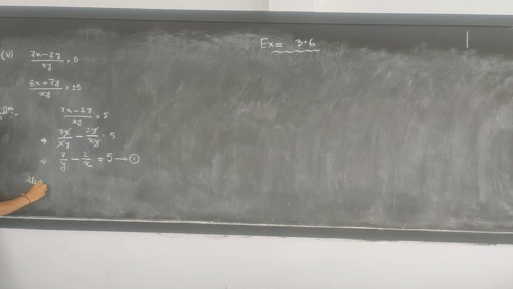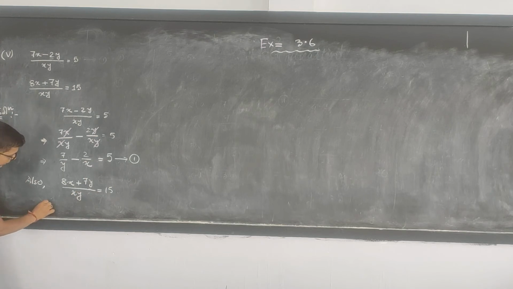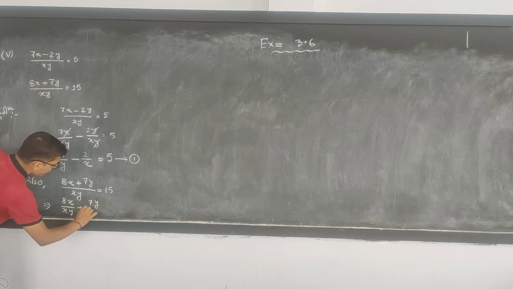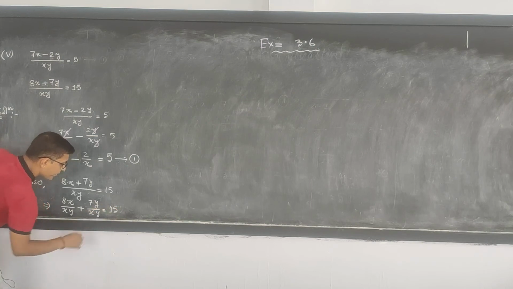Also the second one is 8x plus 7y by xy is equals to 15. You break it first. If you break it, then it will become 8x by xy plus 7y by xy is equals to 15.